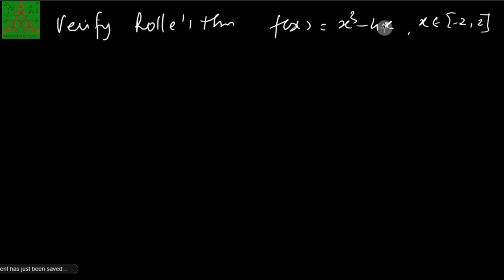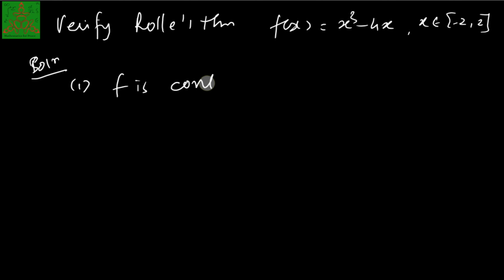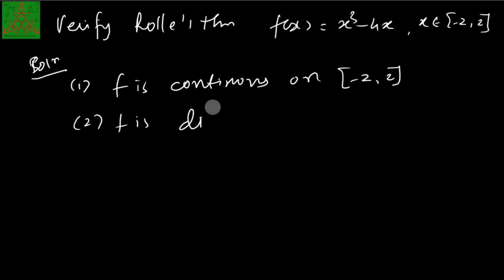Given the function, it is a polynomial function, so we should write that f is continuous on the closed interval minus 2 to 2 due to the polynomial function. f is differentiable on the open interval minus 2 to 2.